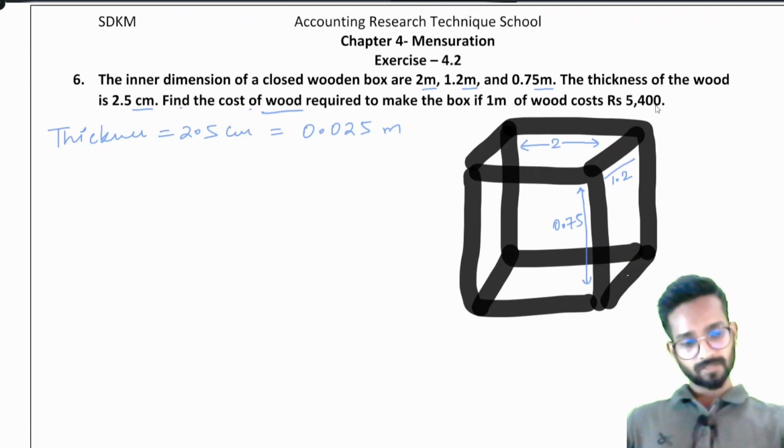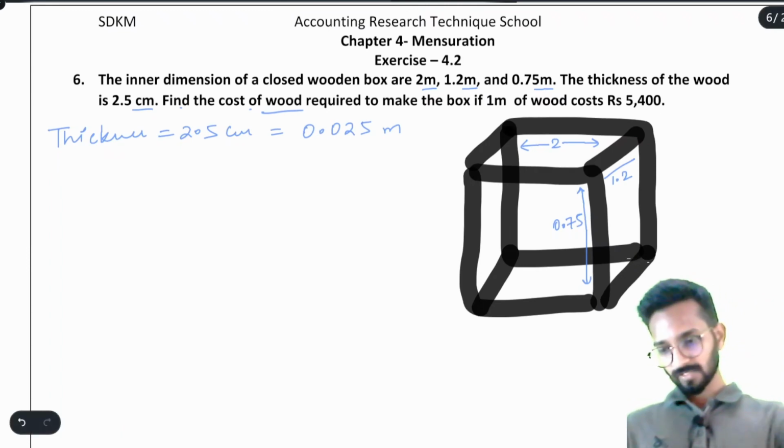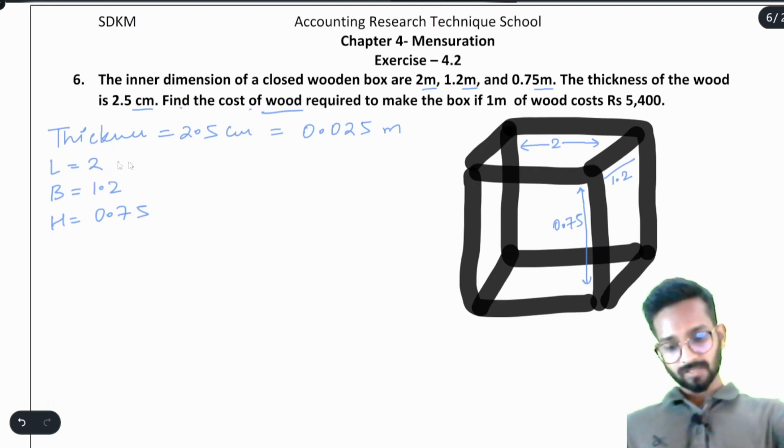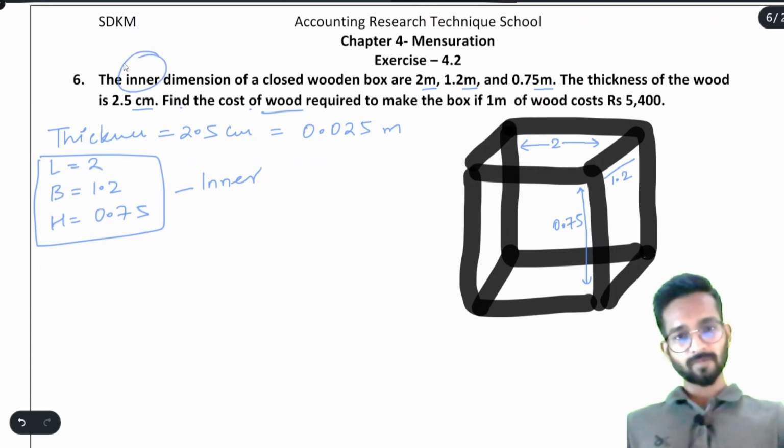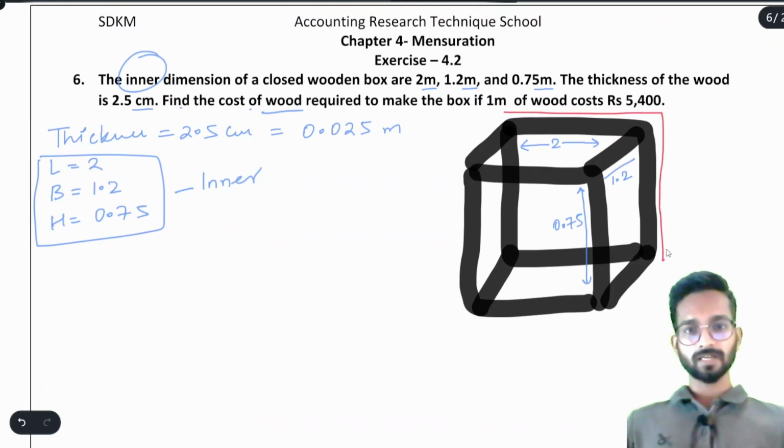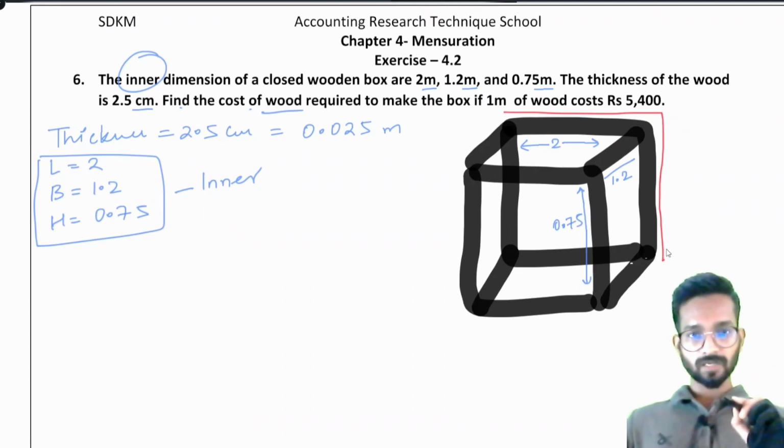Length given is 2, breadth is 1.2 meters and height is 0.75 meter, but these are the dimensions for the inner part. You are supposed to find the dimensions for the outer part also. The dimension of the inner part will obviously be lower than the outer part.